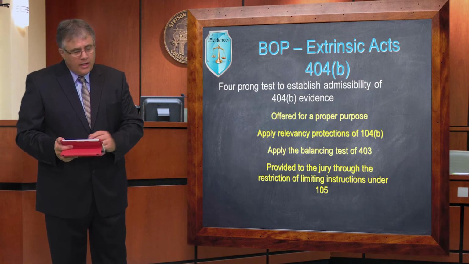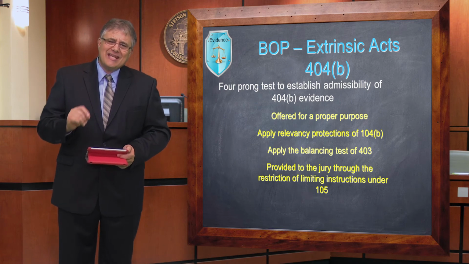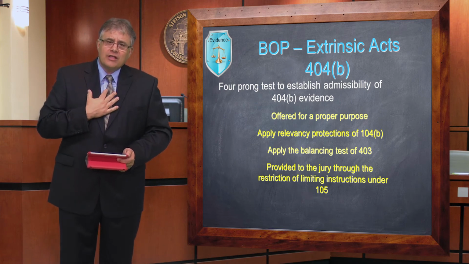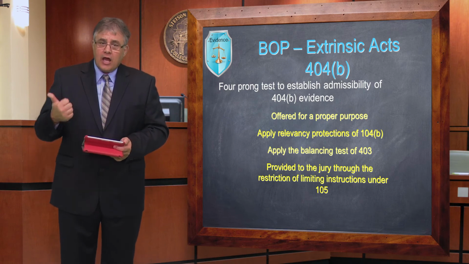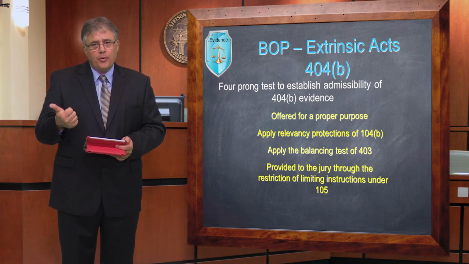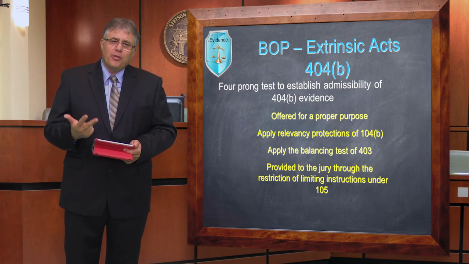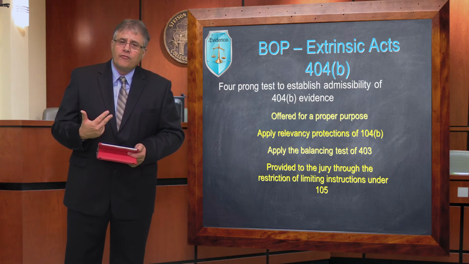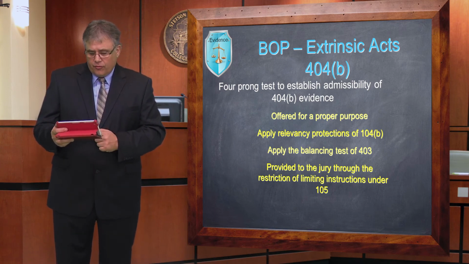So what's the burden of proof for 404B? You'll notice here I've got a four-pronged test. These are the four questions that must be asked and answered to the court's satisfaction before admitting 404B evidence. It's got to be for a proper purpose. Can't be for propensity. It's got to be for one of the non-exhaustive factors. I have to apply the relevancy protections from Federal Rule of Evidence 104. I have to do the balancing test from 403.